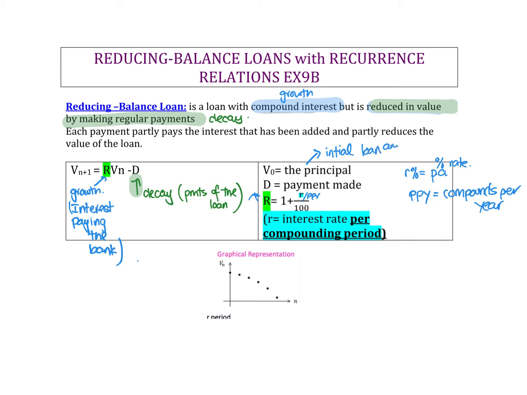Okay, so as we said, if we've got a reducing balance loan, you'll see a curved line. It's not very obvious there, but just write that's a curved line for a reducing balance loan, because as you slowly pay it off, your payments will take a bigger chunk of it, hopefully.